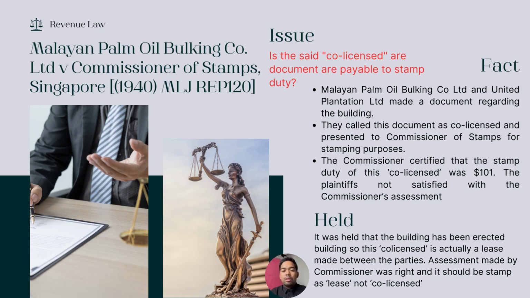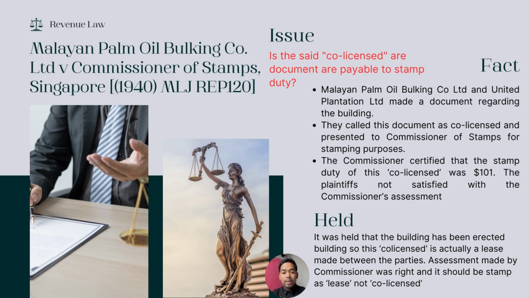Okay. So this case shows that the tax officer, or the Commissioner of Stamps, needs to examine and determine the substance of the buildings over the form. We know that the company Malayan Palm Oil presented the document to the stamp officer, but the stamp officer needs to determine what substance the stamp should be imposed on.